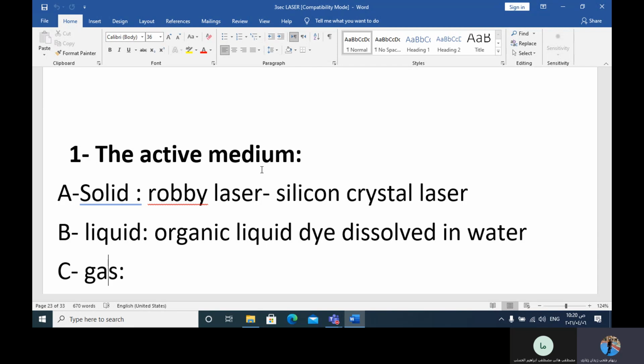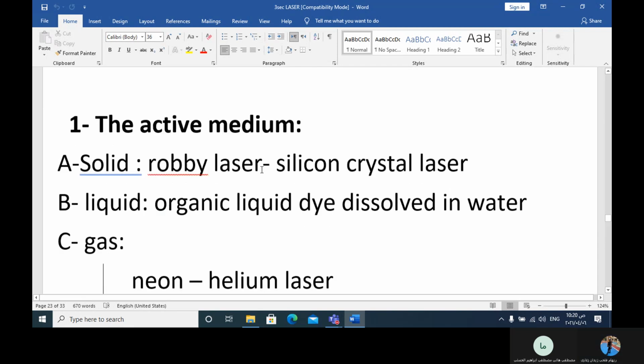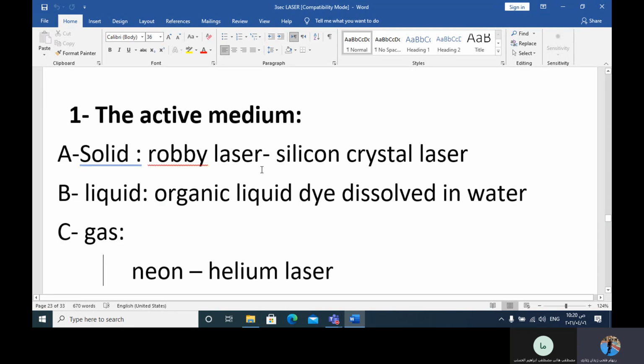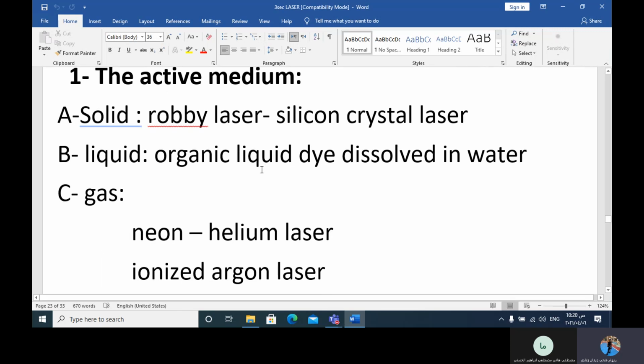If the active medium is solid, examples of this are the ruby laser or silicon crystal laser. The active medium can also be a liquid, and this liquid can be an organic liquid dye dissolved in water. Or the active medium can also be gases, such as the neon helium laser.